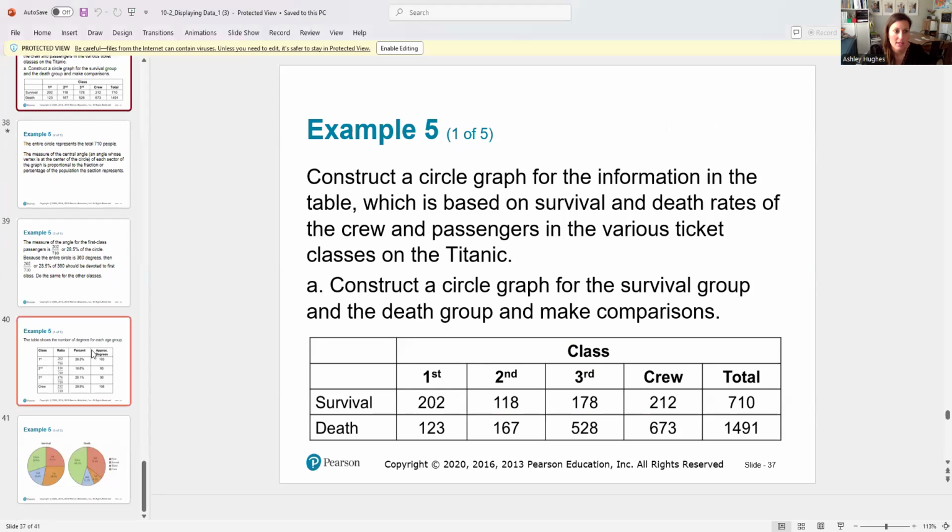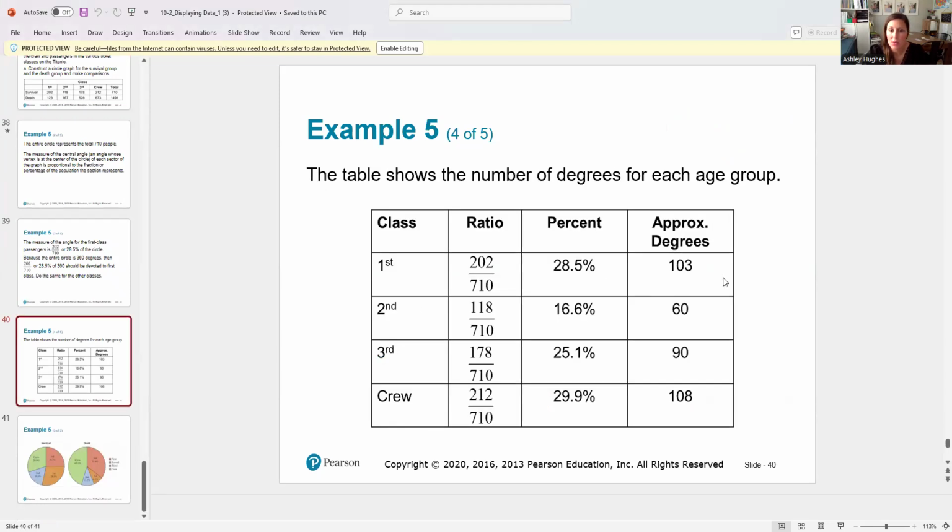So we see that here where they explain the percents: 28.5, 66.6, 25.1, and 29.9. Now, approximate degrees is what percentage of the circle do we have? Well, how many degrees does a circle have? You guys know? All the way around is 360 degrees.